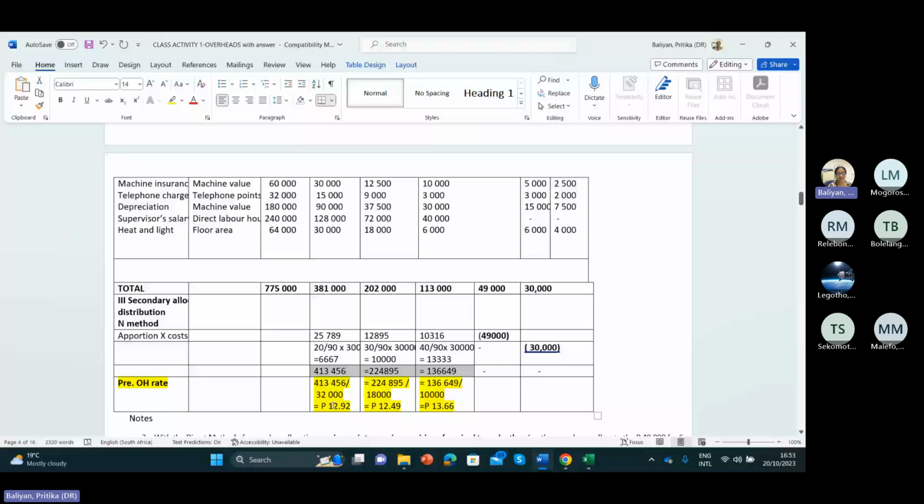But in case both are given, you have to choose which one is more suitable, the machine hour or labor hour. That one I am going to cover in tomorrow's class.